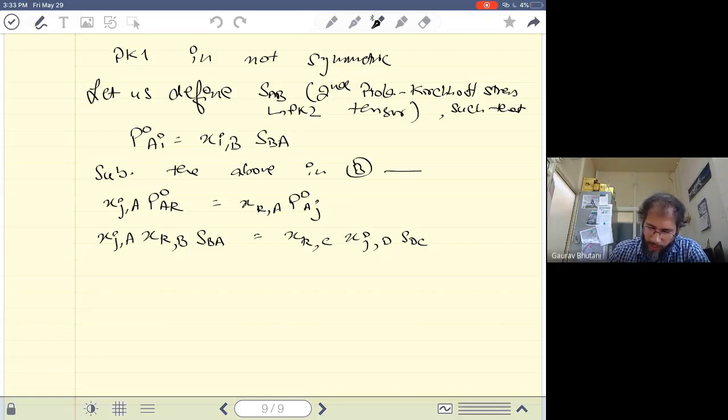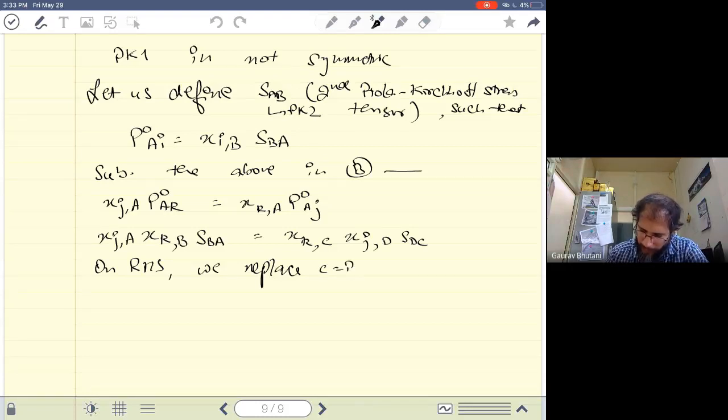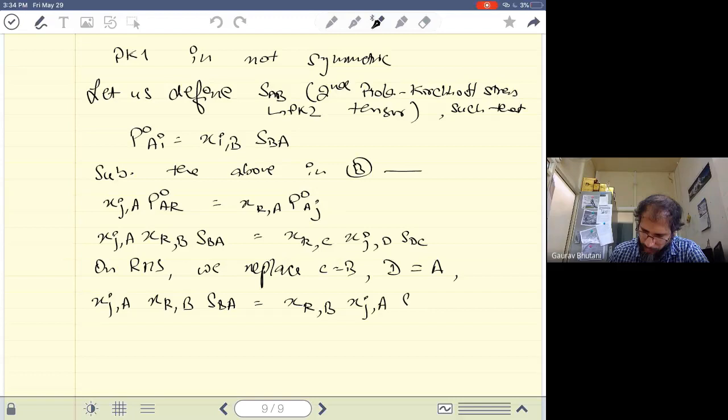Now on the right hand side, we replace c equal to b and d equal to a. Again, we can do that because c and d are dummy indices, so they can have any label you want. So we have xj comma a, xk comma b, S ab.